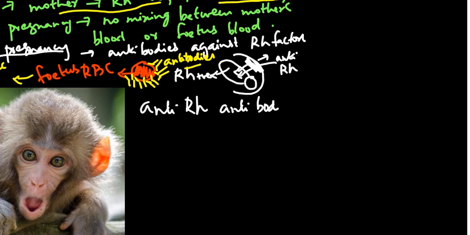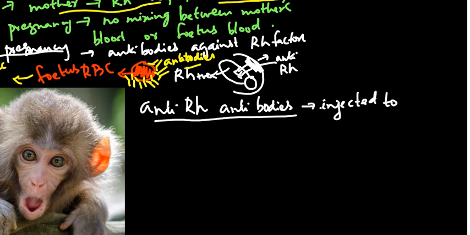Anti-RH antibodies means they are against the antibodies created by the mother. So anti-RH antibodies can be injected to the mother immediately after the first delivery.